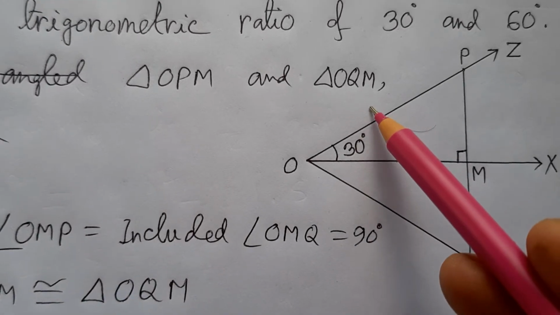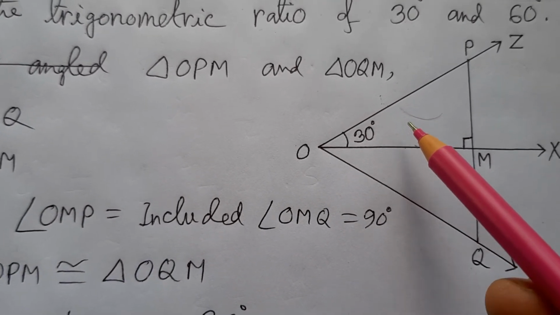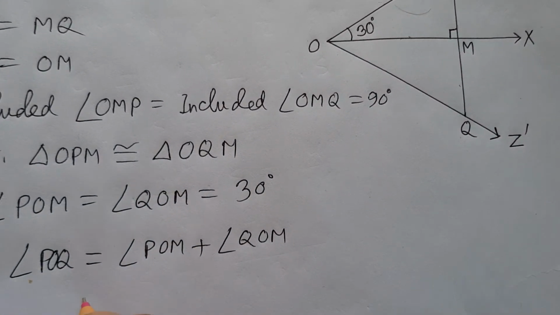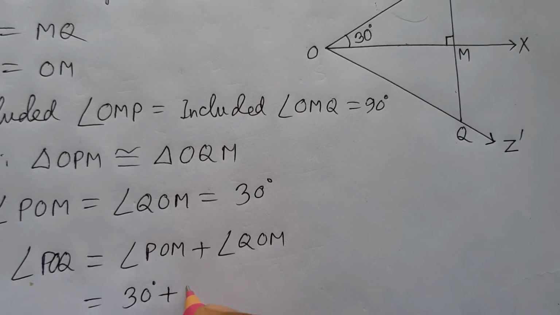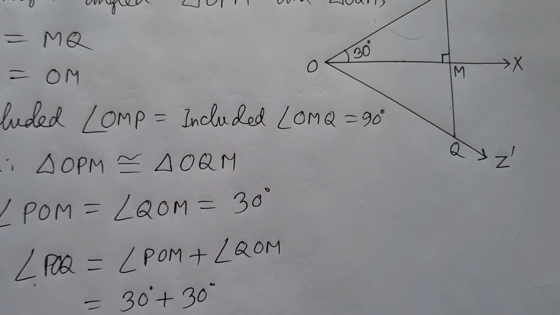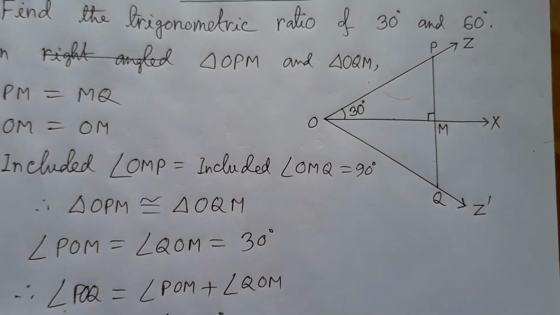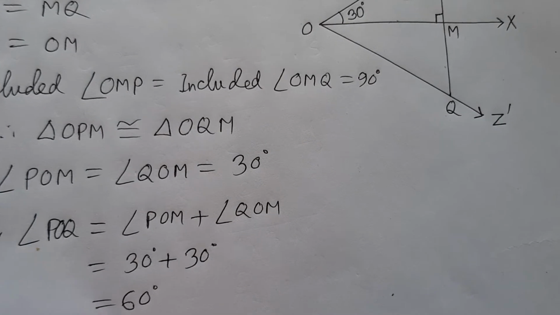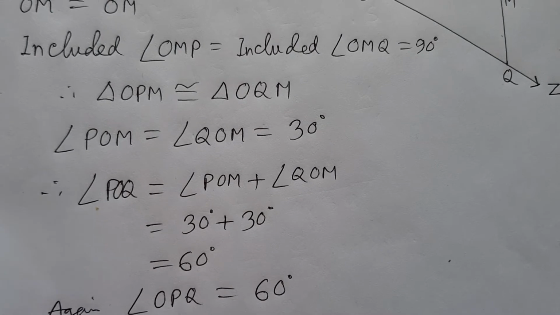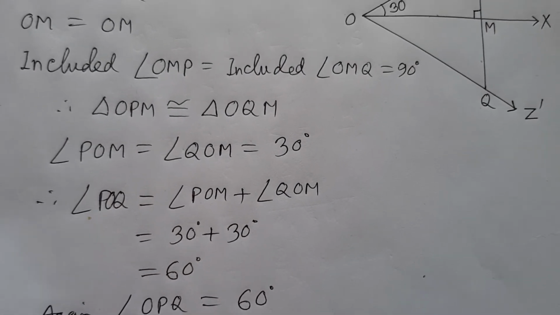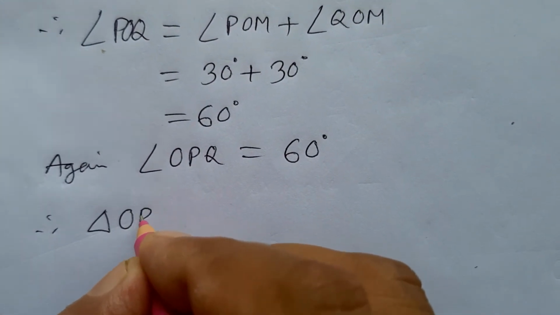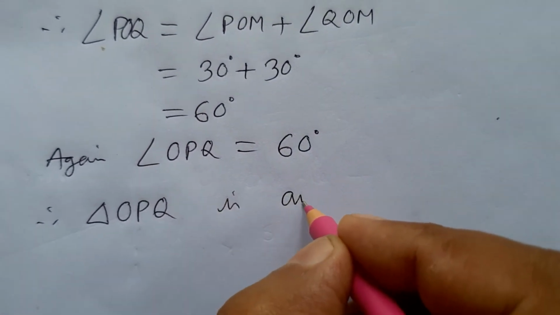If we add these two angles, then we get the total angle POQ. So we can write 30 degree plus 30 degree, which becomes 60 degree. Again, angle OPQ is equal to 60 degree. So we can say that triangle OPQ is an equilateral triangle.